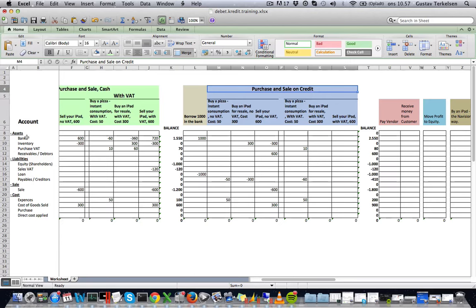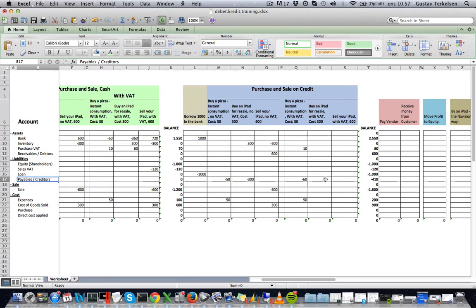So instead of reducing our bank account with 300 plus 20% tax, which is 360, we will note this as a payable here, or on our creditors account.